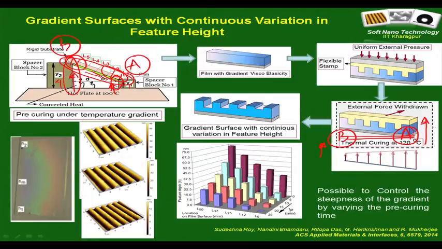As a consequence, here the stress relaxation is more and the feature height is less, and here the feature height is more, and you can create topographic gradient surfaces. And most interestingly, you can vary the time duration of pre-curing, and you can control the steepness of the surface. So, all these can be done.